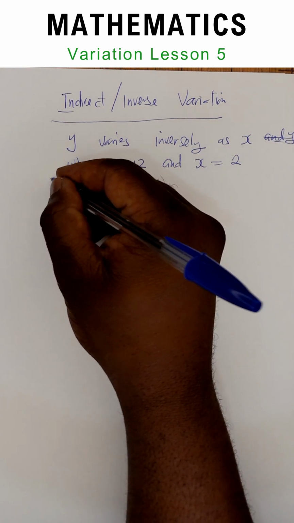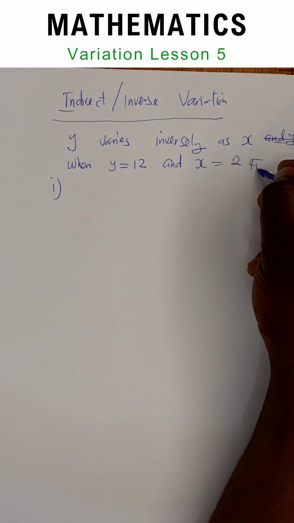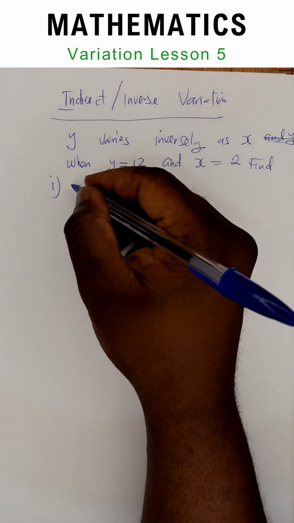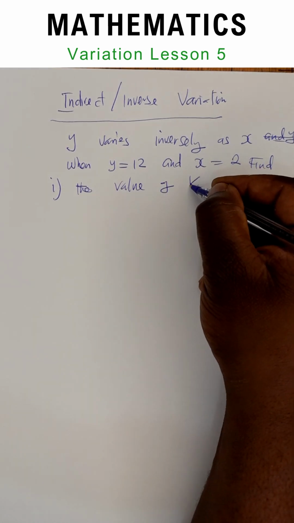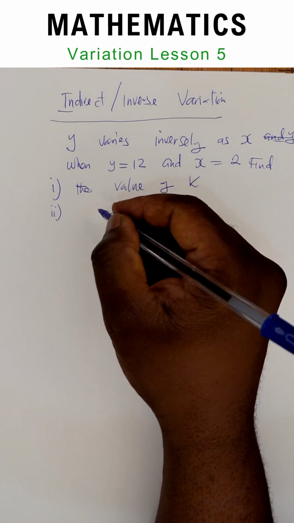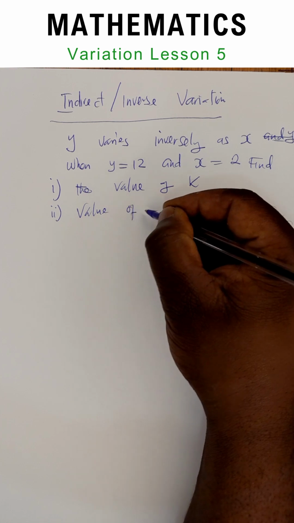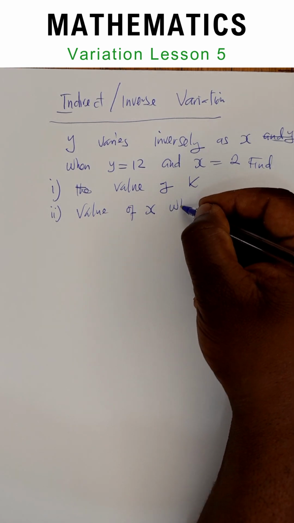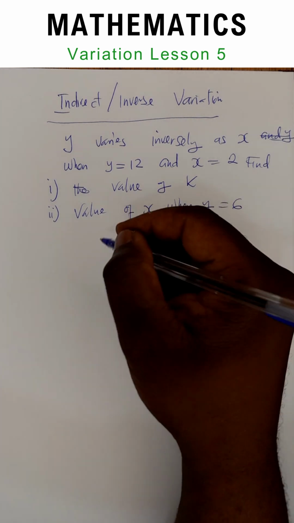Number one, we say find the value of k. Number two, we can say value of x when y is equal to 6.